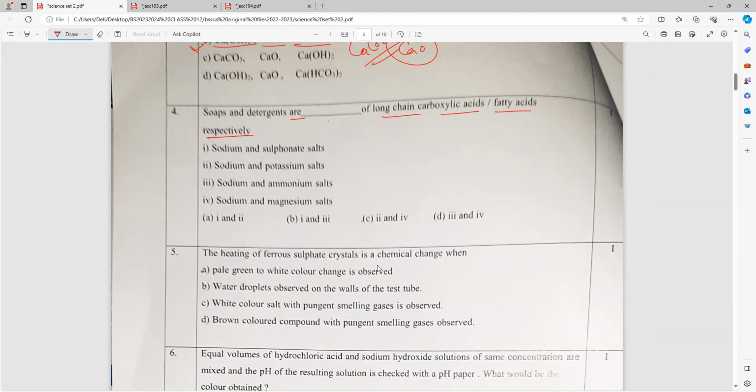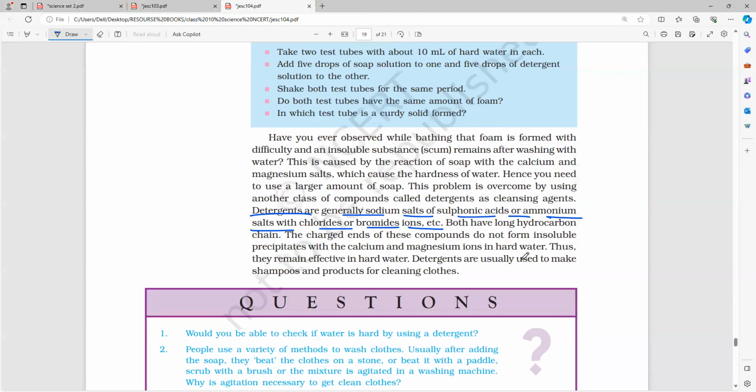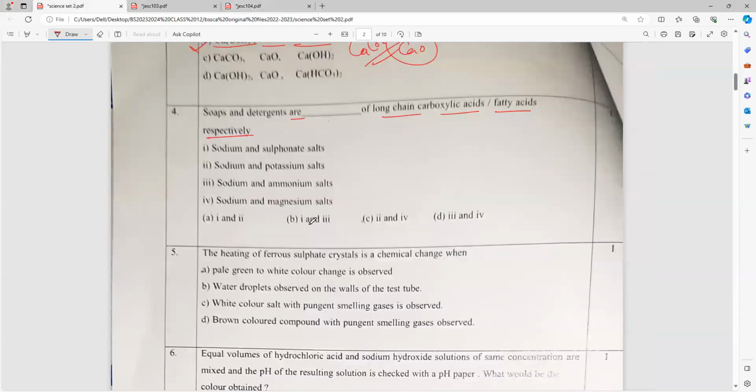So what is the answer? Fourth one. Sodium and ammonium salts, they are generally sodium and ammonium salts, detergents. So detergents are sodium and ammonium salts, option 3.